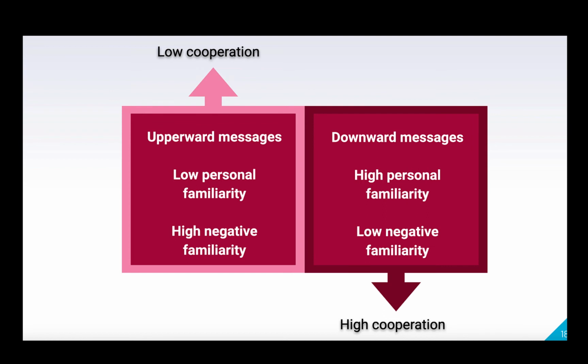If it's a downward message, or you have a very high personal familiarity or low negative familiarity, so they don't know you and they don't know anything about you, so they don't know to not like you, you're going to get more high cooperation. So being aware of your audience is going to change how you say what you need to say. You need to give the same message, but anticipate what barriers they may have to you.